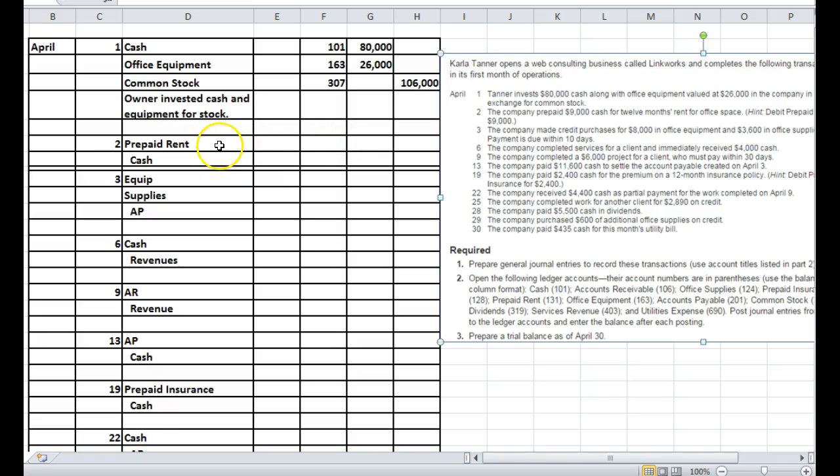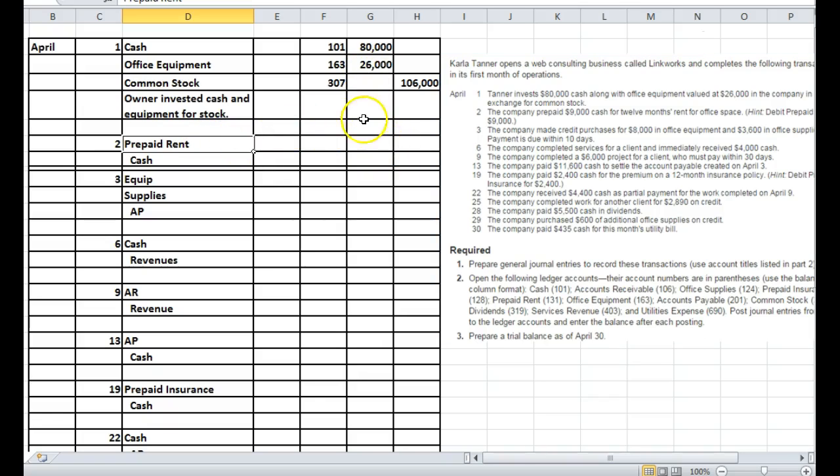The next one, the company prepaid $9,000 cash for 12 months of rent. So, we haven't used that rent, we've just prepaid it. So whenever it's prepaid, you're going to create an account called prepaid rent.